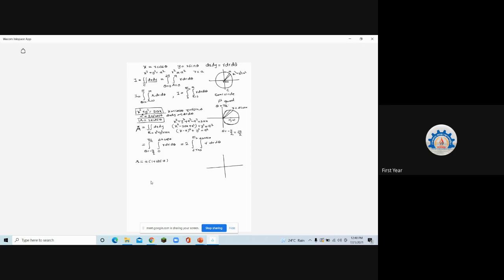What's the maximum value of this r? 2a. Correct. When theta is 0, it is 1 plus 1, 2a. What is the minimum value? 0. When theta is pi, it is 0. So this was your cardioid. Do you remember?